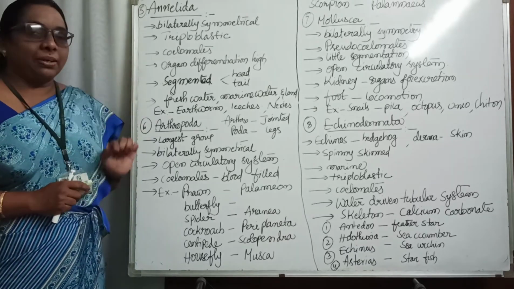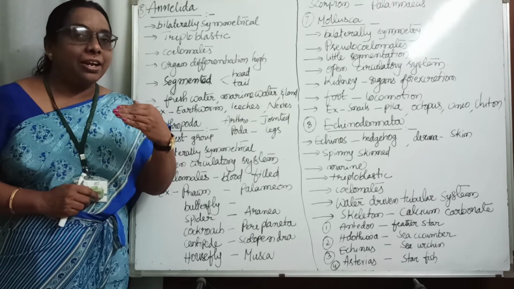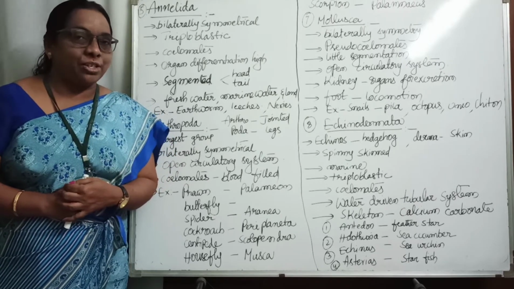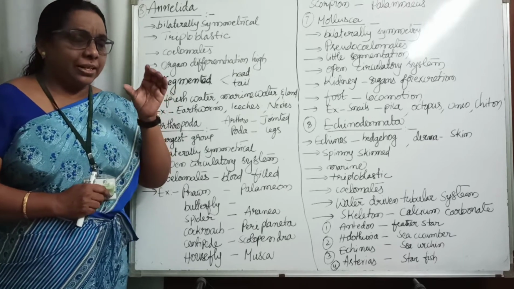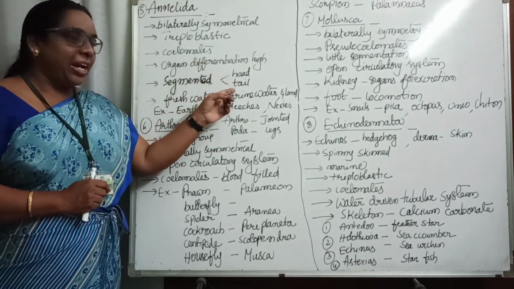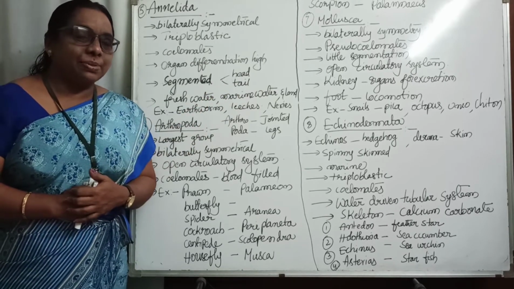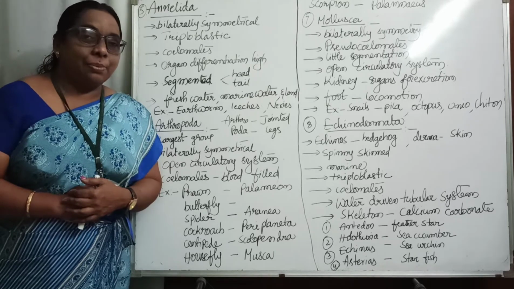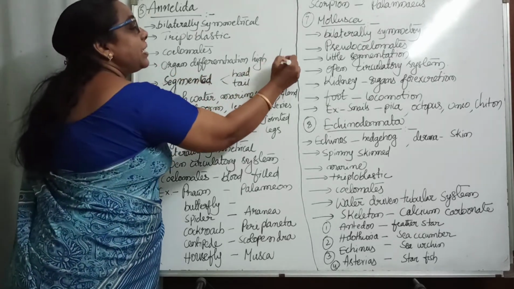Next, these organisms have a high differentiation in the body arrangement. That means we can clearly see the head region and the tail region. Mostly these animals are segmented. What does segmented mean? We can see the segments.